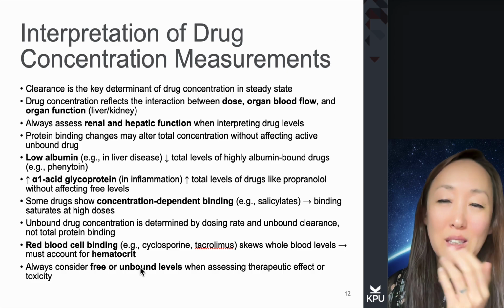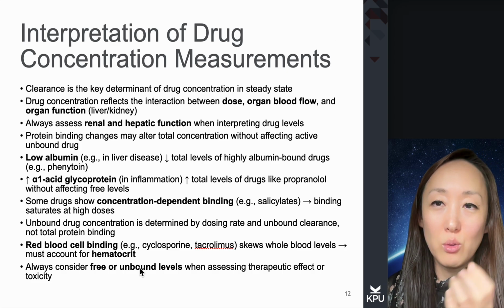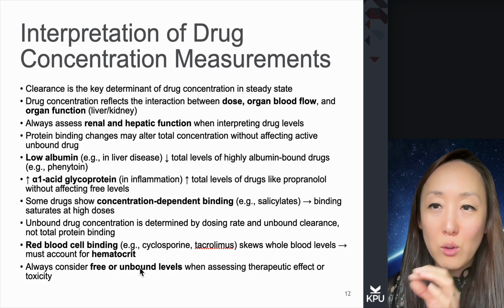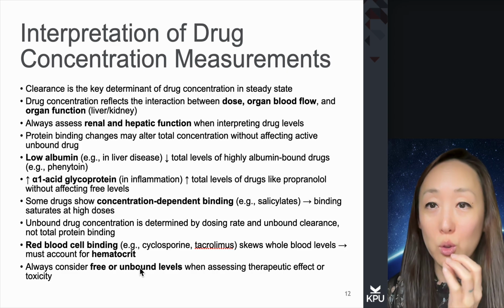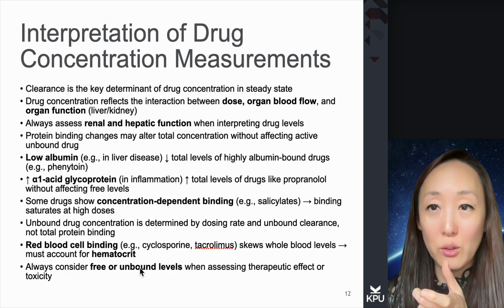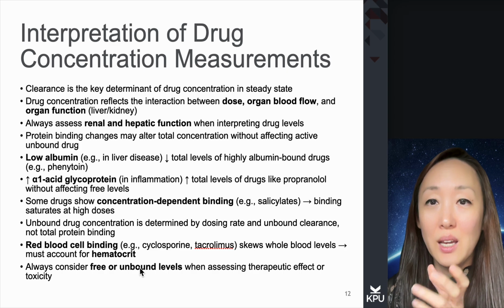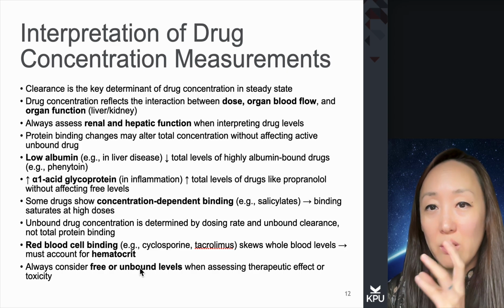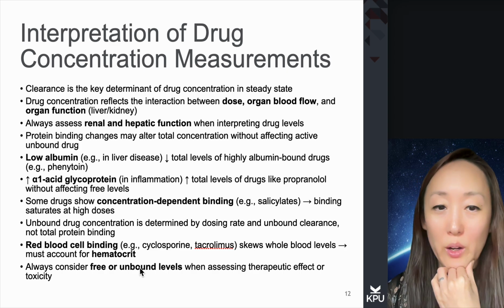So in BC transplant units, the dosing decision for tacrolimus often would include correcting for this hematocrit binding piece, especially for those patients that are on dialysis or post-chemotherapy.